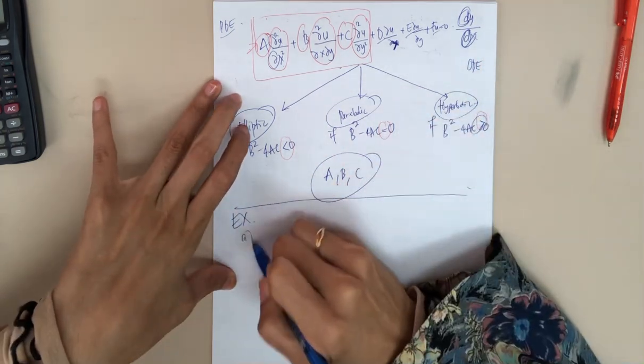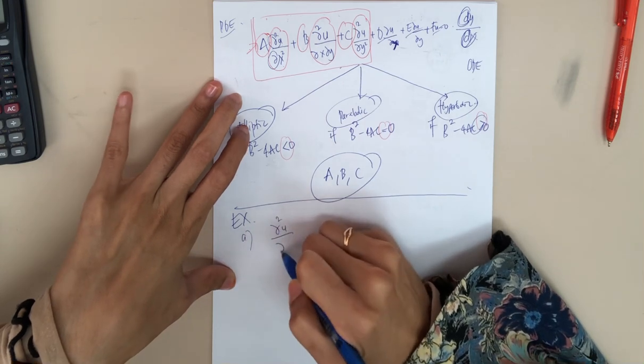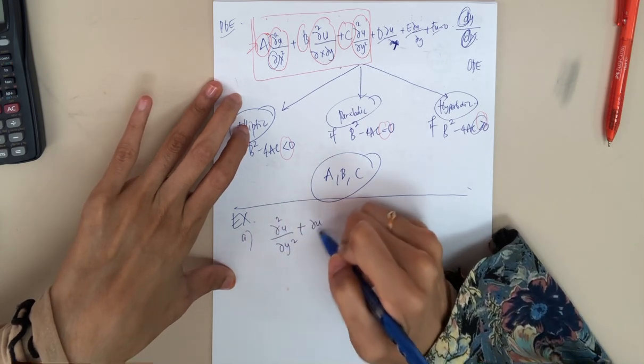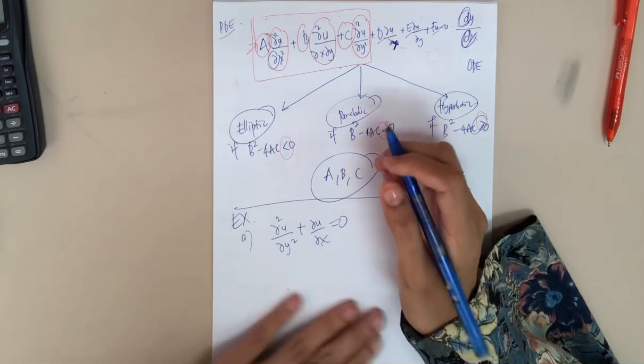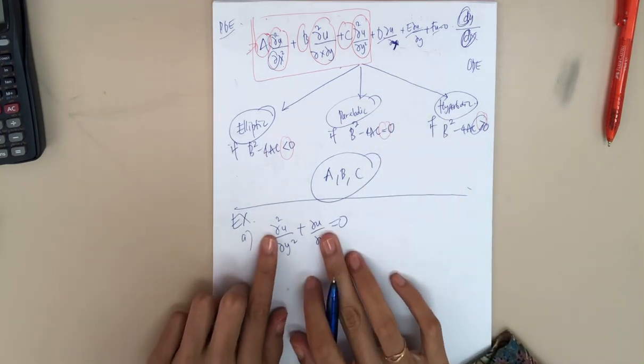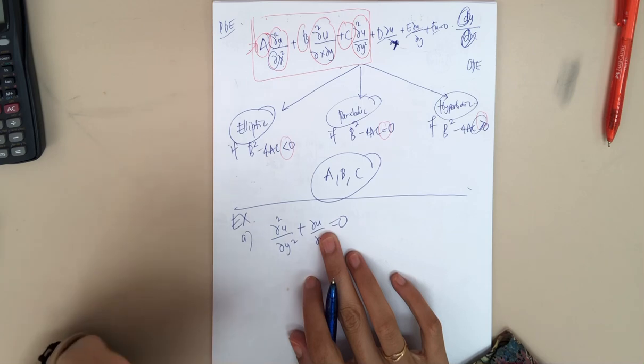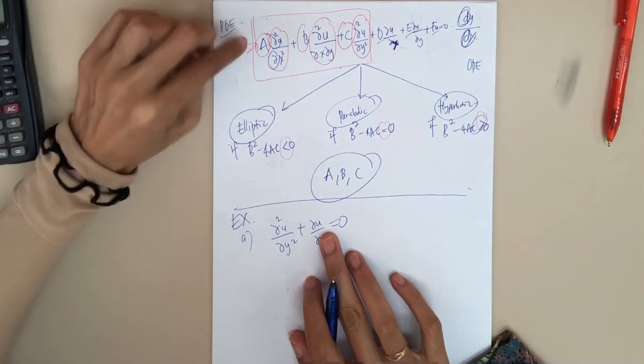Let's say A, you have d square u dy square plus du dx equal to 0. This is your equation, and the first thing you need to do is compare with the general equation just now.